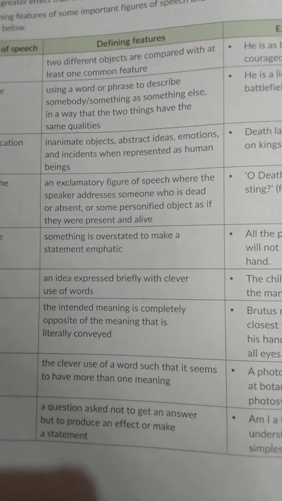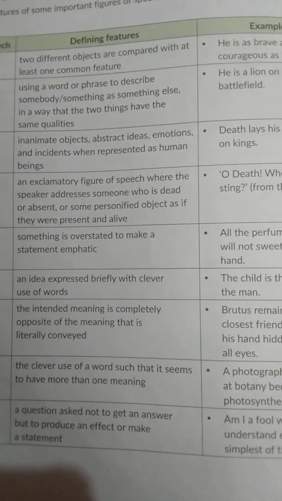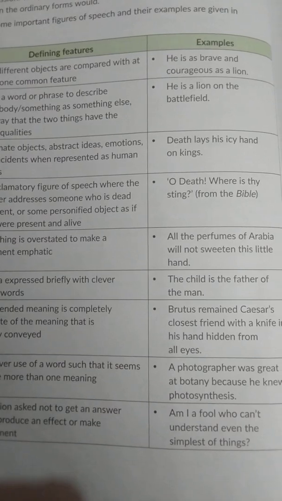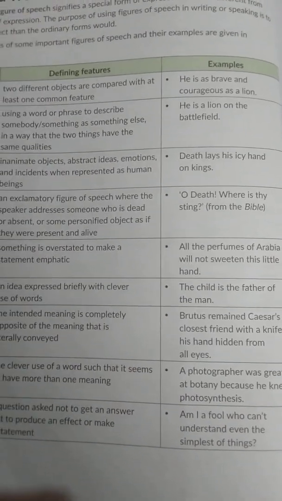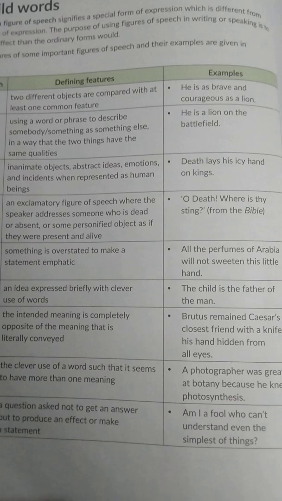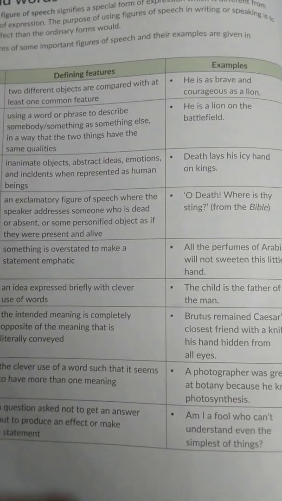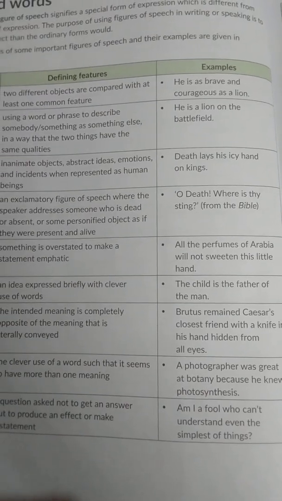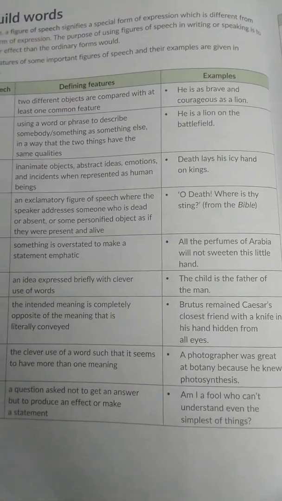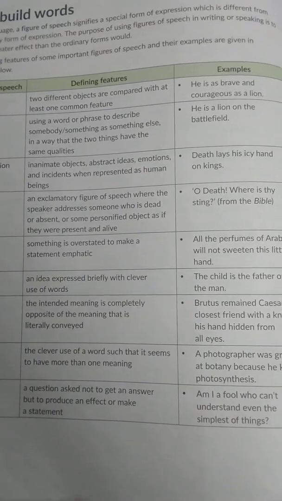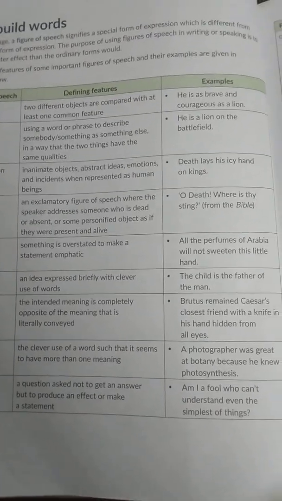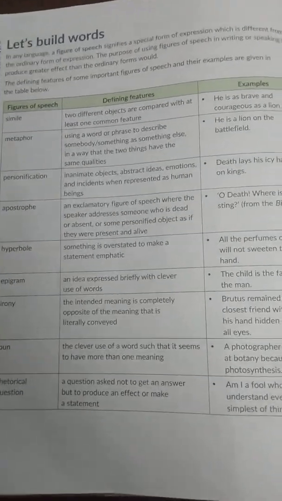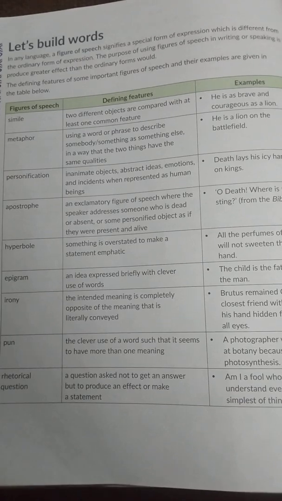Inanimate objects, abstract ideas, emotions, and incidents are represented as human beings. Death lays his icy hand on kings. When a thing is used as if it has life, and human activities are added to it, as if the thing or the immortal thing is behaving as human beings, just to put an effect in the writing or reading.